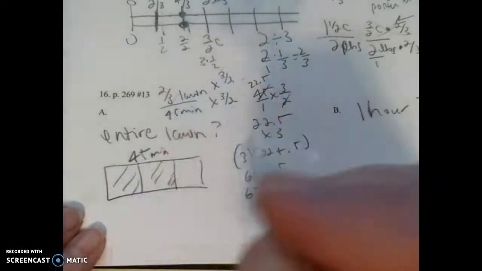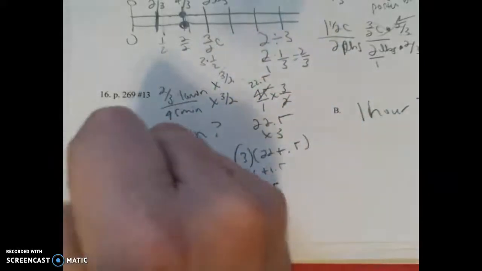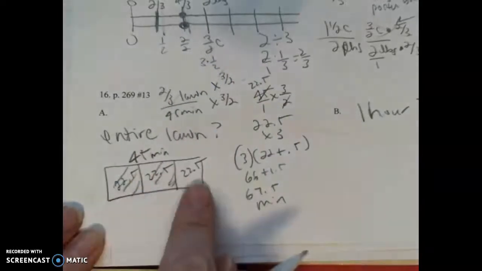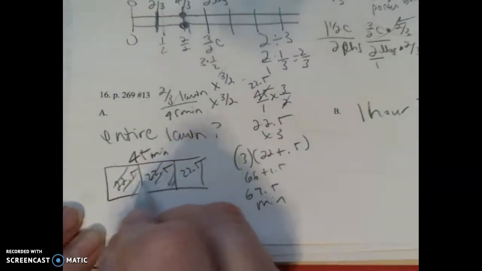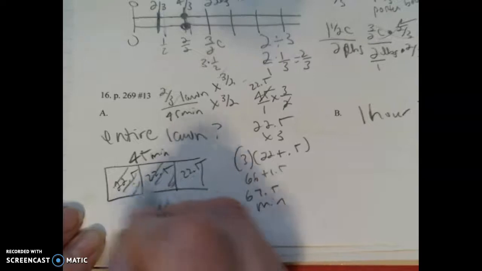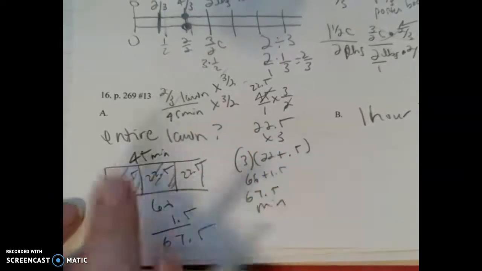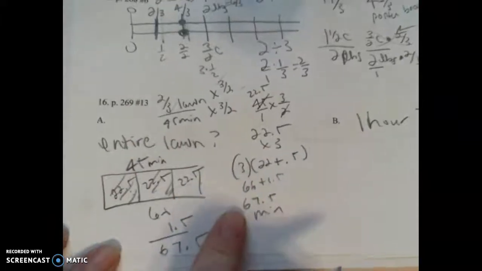If I divide that by 2, I get my 22.5, 22.5, 22.5. And then you can see the 66 from these 3 plus the 0.5, 0.5, 0.5 is my 67.5. So that's thinking of it logically.